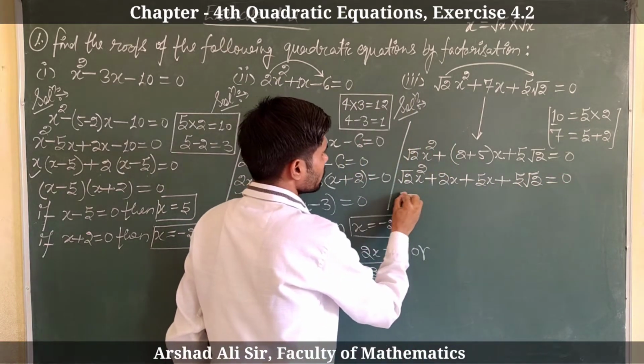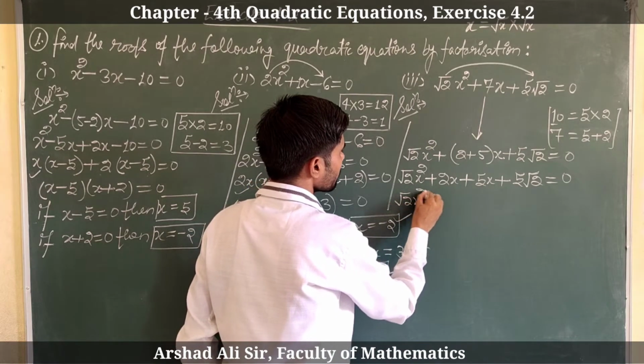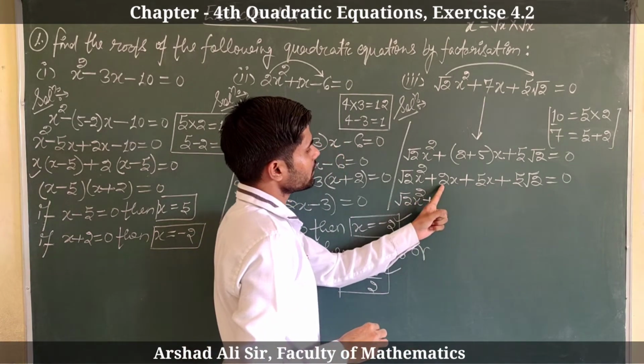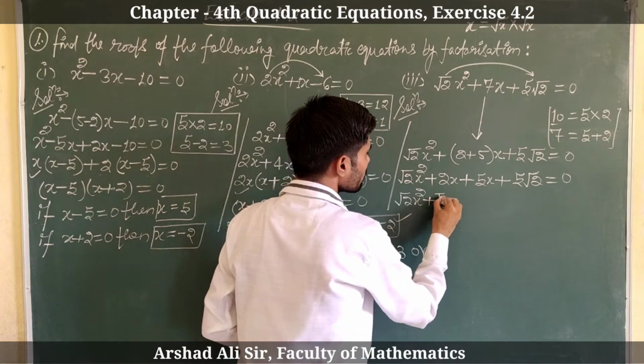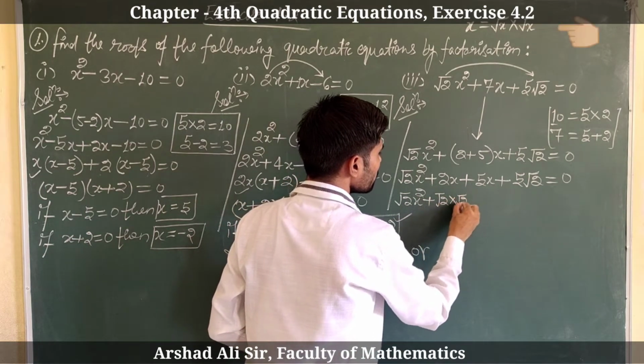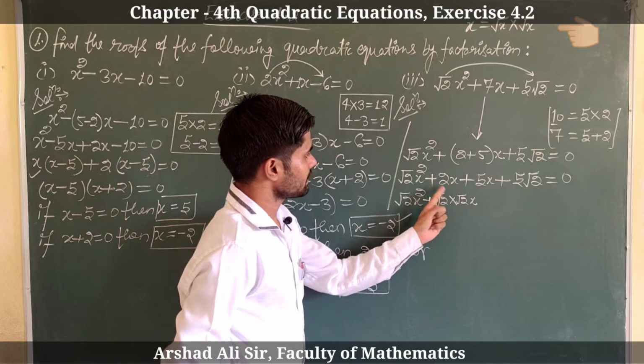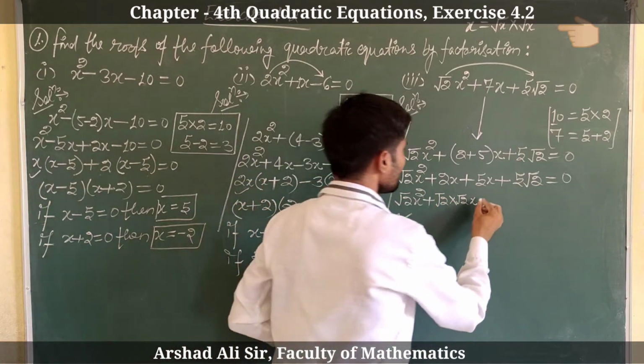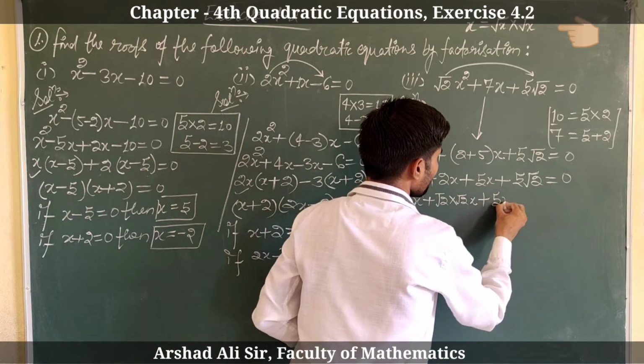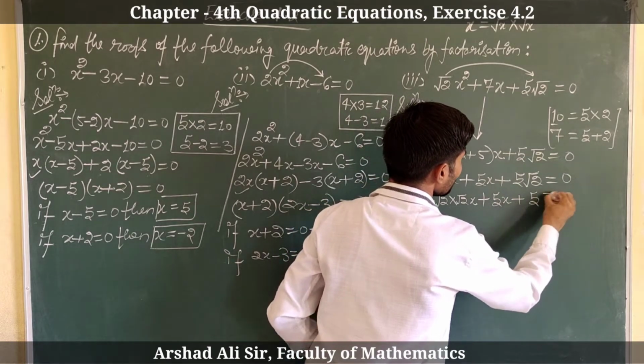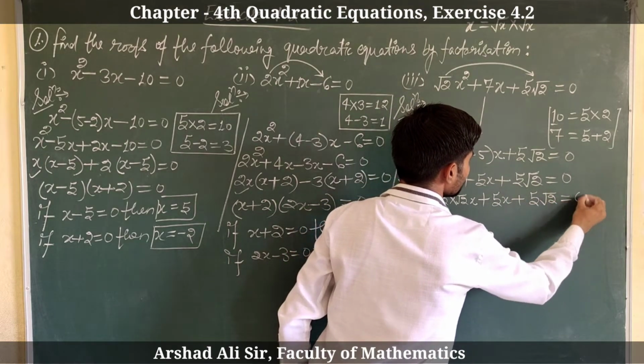Now root 2 x square plus, can we write root 2 multiply root 2? Root 2 multiply root 2, we can write 2 is equal to root 2 multiply root 2. Okay, now 5x plus 5 root 2 we will write same.